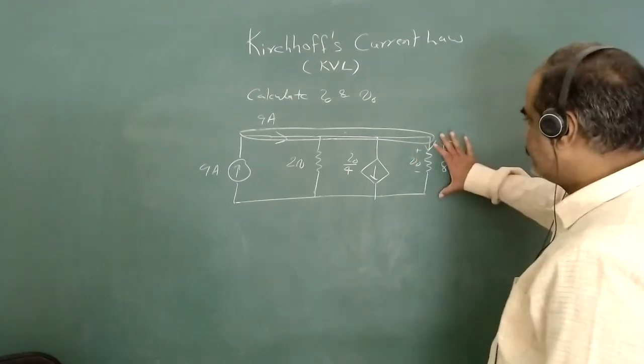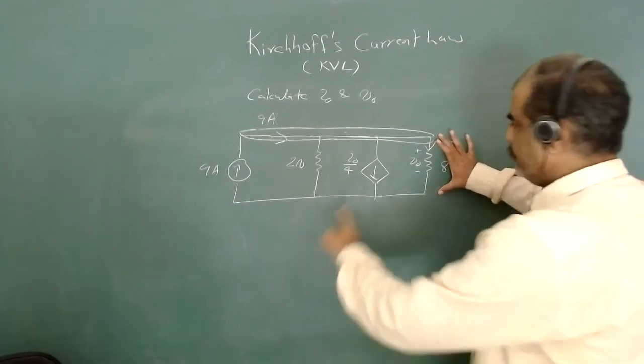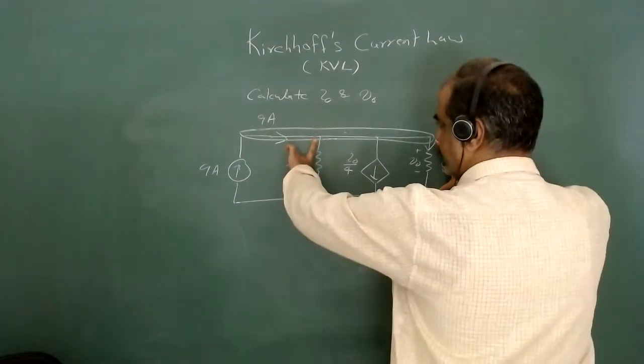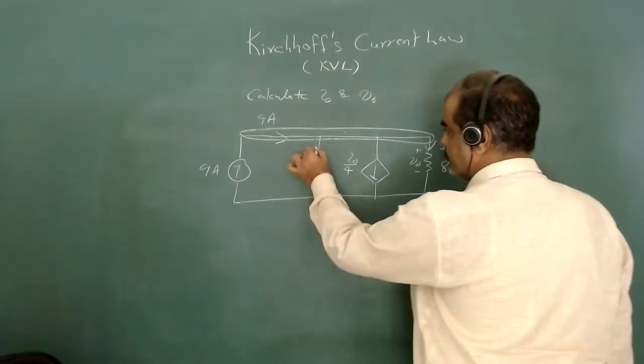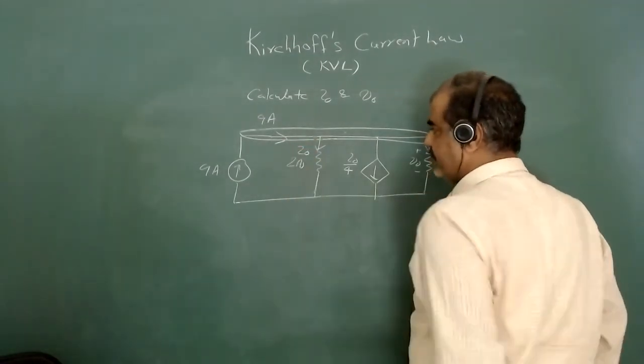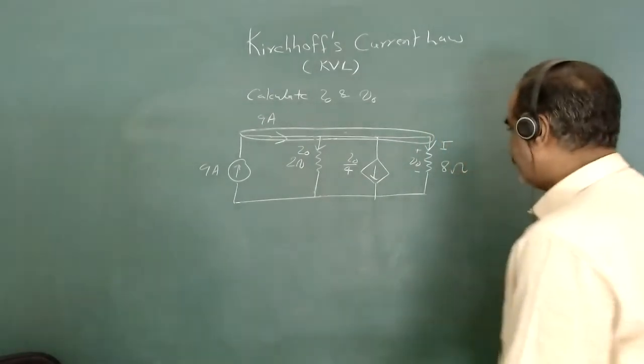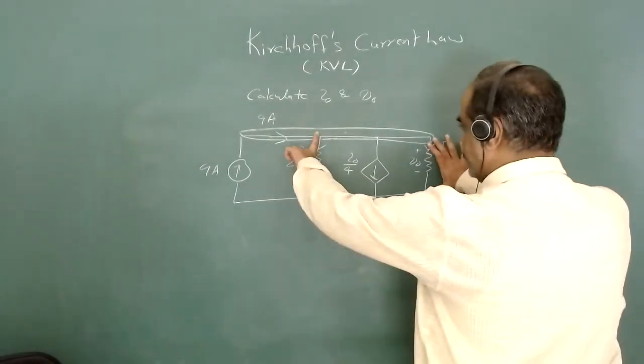Now this combination is parallel to this combination. Suppose here also current I0 is going.